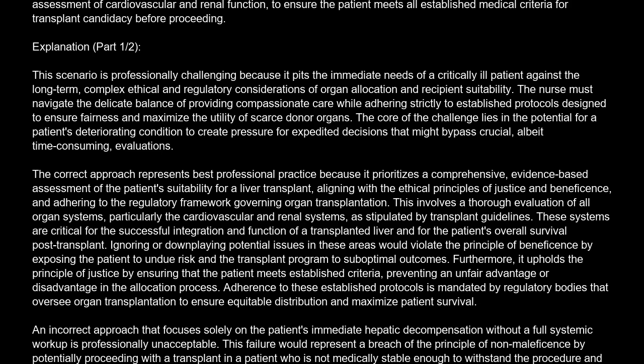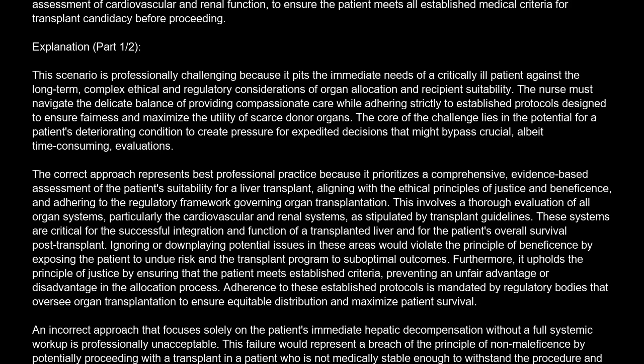The correct approach represents best professional practice because it prioritizes a comprehensive, evidence-based assessment of the patient's suitability for a liver transplant, aligning with the ethical principles of justice and beneficence, and adhering to the regulatory framework governing organ transplantation. This involves a thorough evaluation of all organ systems, particularly the cardiovascular and renal systems, as stipulated by transplant guidelines.